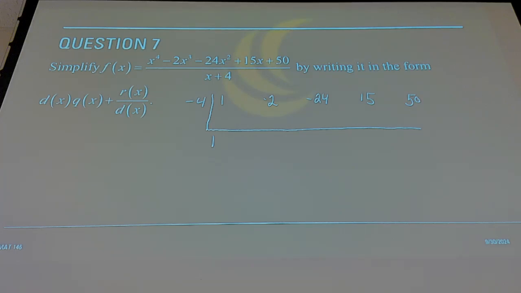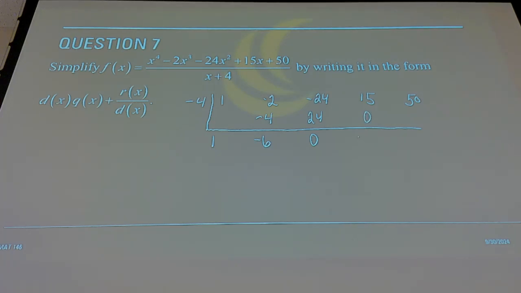One times -4. Add -2. Times -4. Add -24. Times -4.